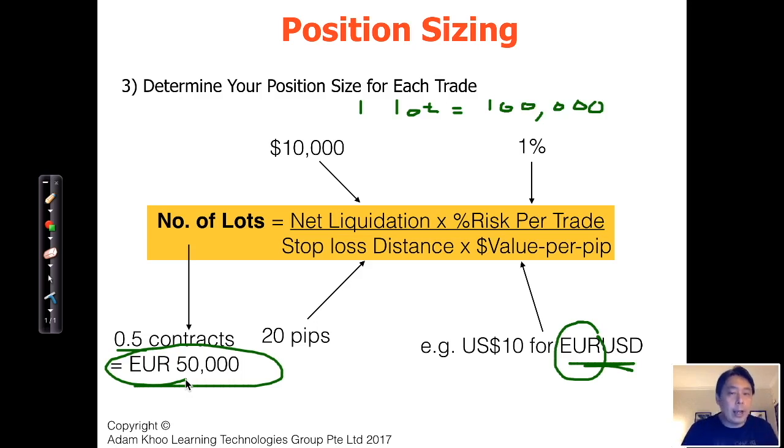Okay, so that's exactly the number of euros that you will buy to place this trade. Okay, so notice that in your account, you've got $10,000 in cash, but you're buying 50,000 in euros to take this position. So how much leverage are you using? You're using roughly about 5 times leverage. Okay, so you find that in Forex trading, we will use leverage.